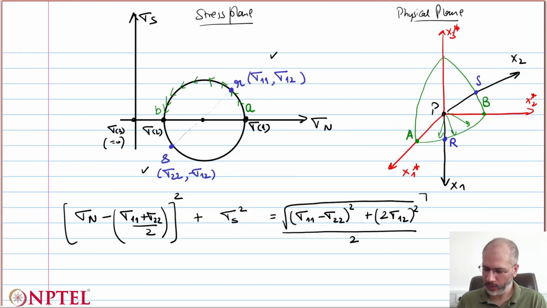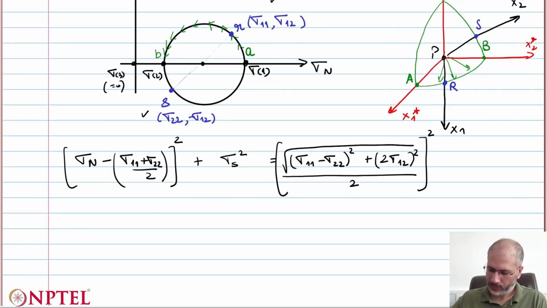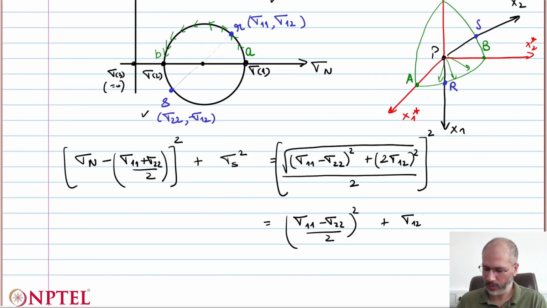But we're interested in the square of R, so there's a square here. So I can simplify this. So this simplifies to sigma 1 1 minus sigma 2 2 by 2 squared plus sigma 1 2 squared.